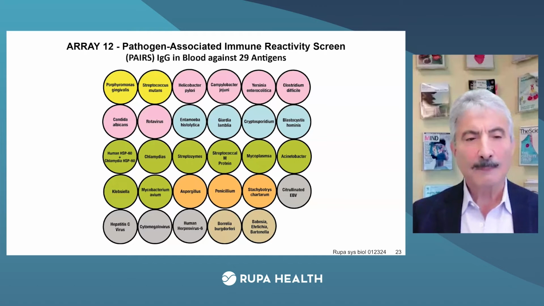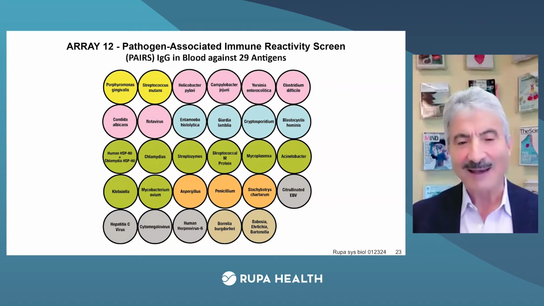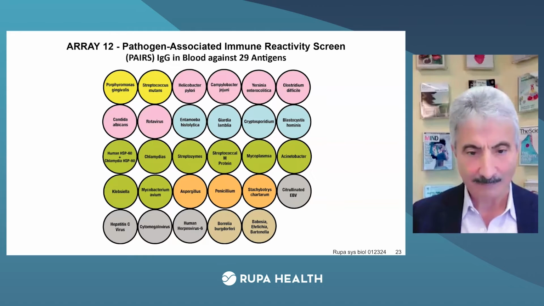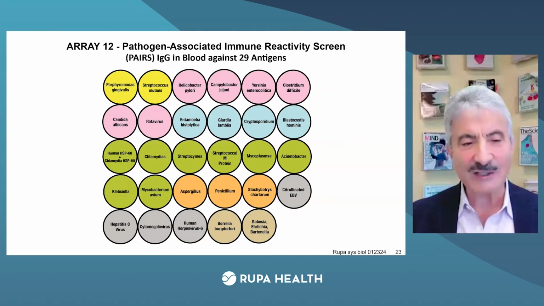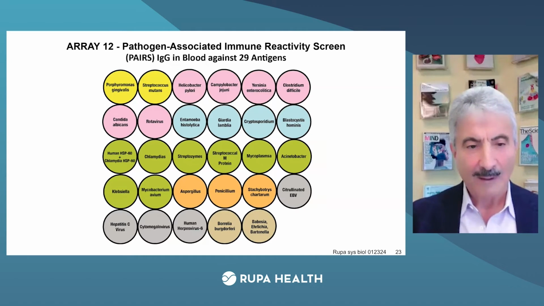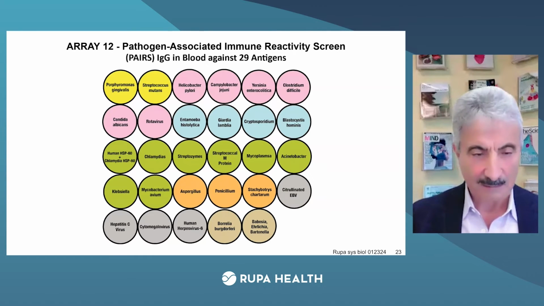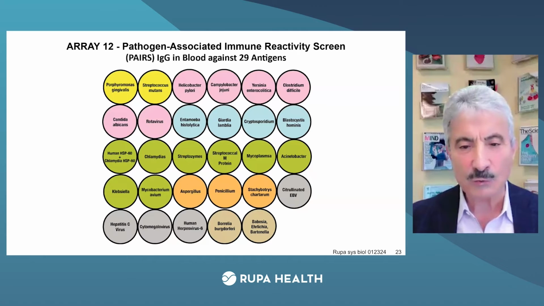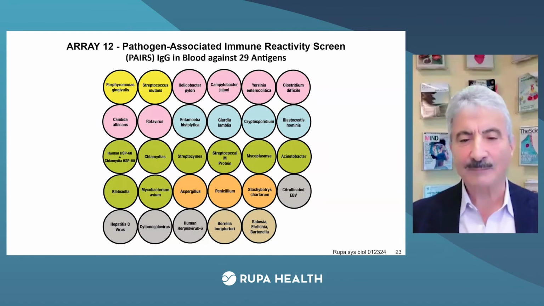So here, in relation to pathogens, at Cyrex, we measure antibodies against 29 different infectious agents that have a capacity to cross-react with human tissue, contributing to autoimmune disease.